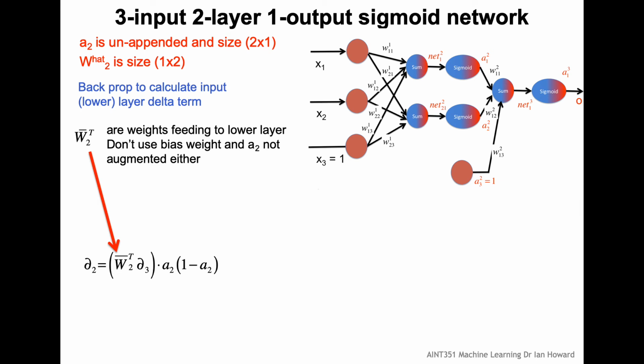We end up with, because basically we only need to change those weights, we calculate all of these terms like we've just explained from that equation. We calculate W2 transpose delta 3.